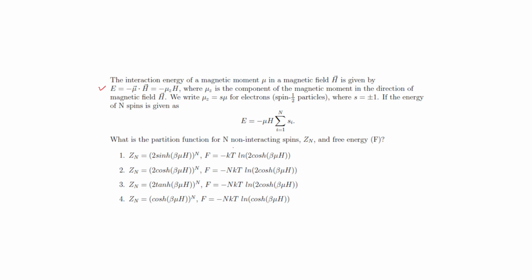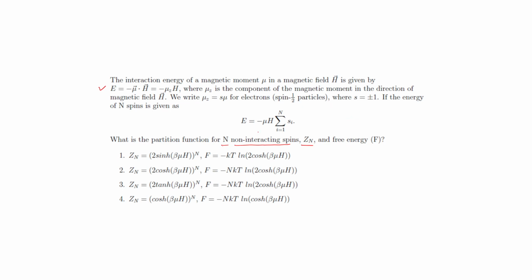We have to calculate the partition function for n non-interacting spins, Zn. From statistical mechanics, there are two ways to solve this problem.